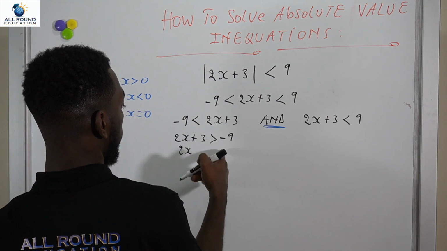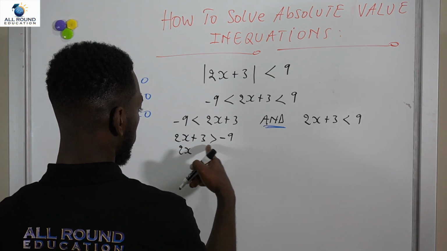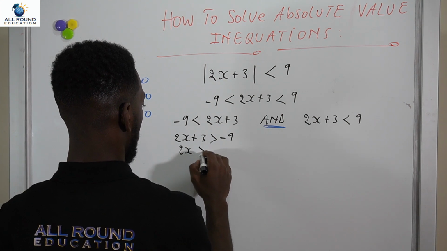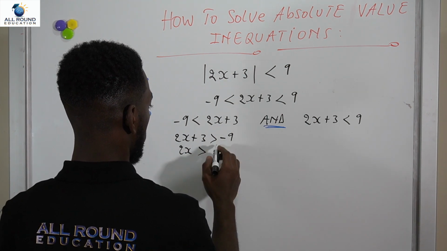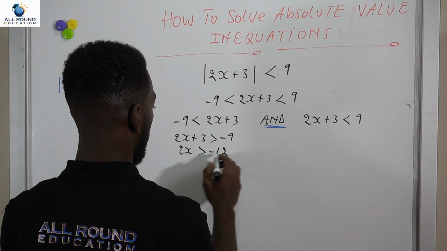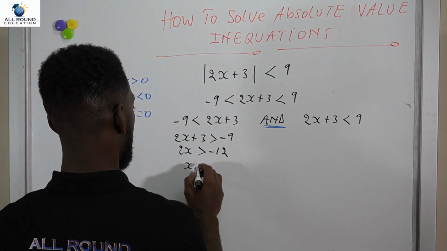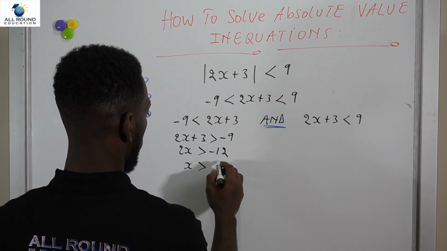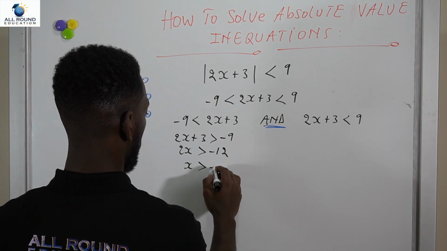We get 2x greater than negative 12, and so x greater than negative 6.